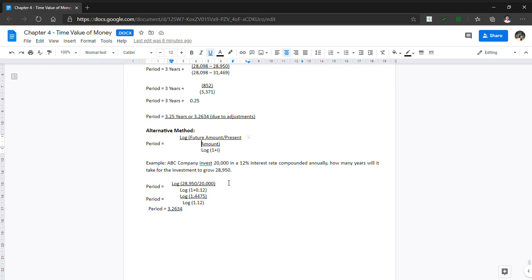So 28,950 divided by 20,000, you get 1.4475, tapos 1 plus interest rate is 1.12. So you get the log of both of them. Tapos kukuha nyo is 3.2634.